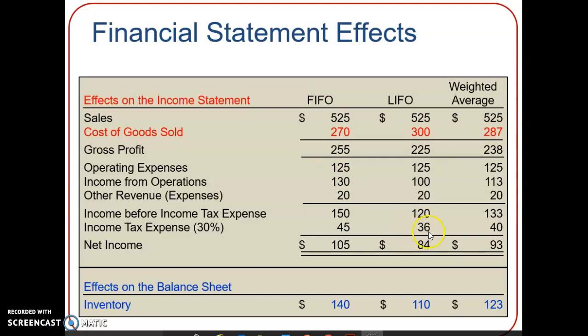LIFO has the lowest tax expense. As a result, net income is highest under FIFO and lowest under LIFO. So the tax consequences, even if it's temporary, is one of the most important considerations for using FIFO versus LIFO.